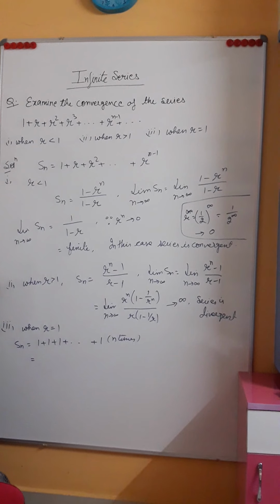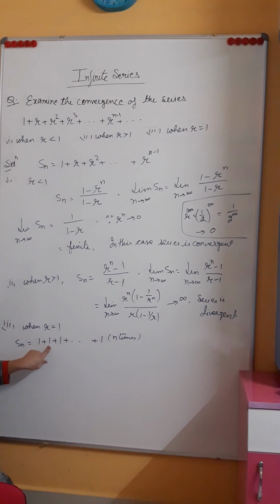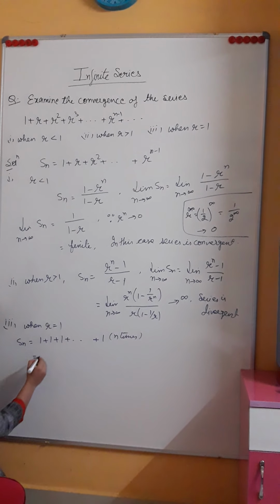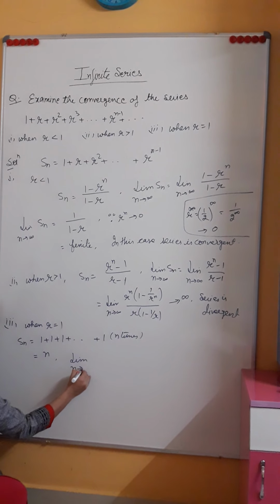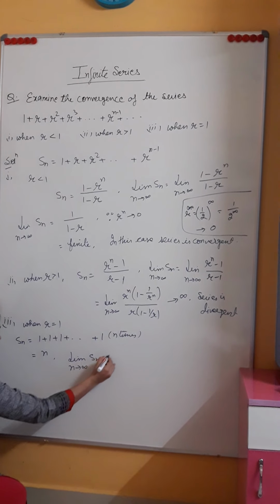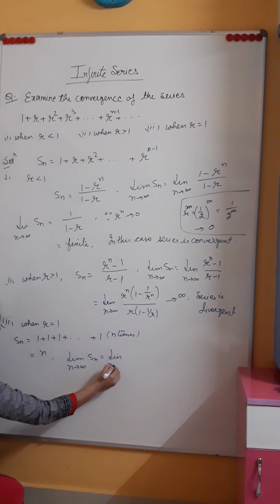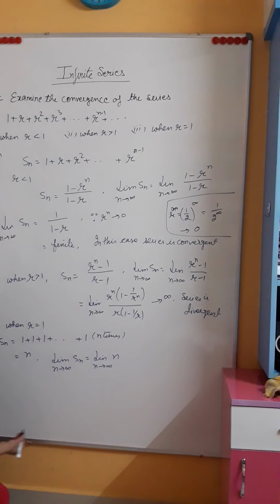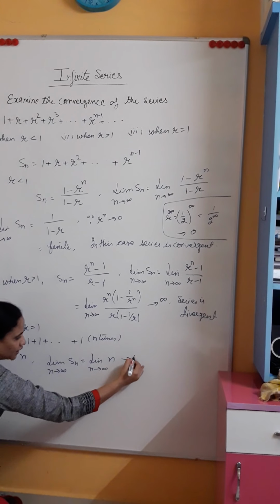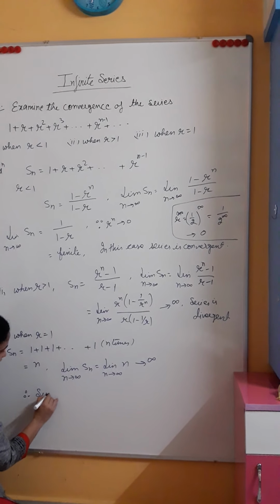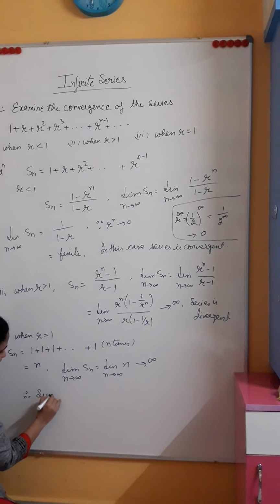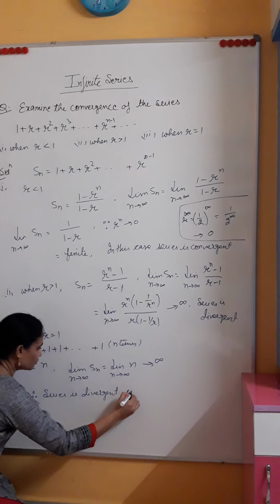If we add 1 plus 1, 2 times it is 2, 3 times it is 3, so n times it is n. So let's apply the limit here also. When n tends to infinity, Sn, that means limit n tends to infinity of n, it tends to infinity. So again, the series is divergent in this case too.